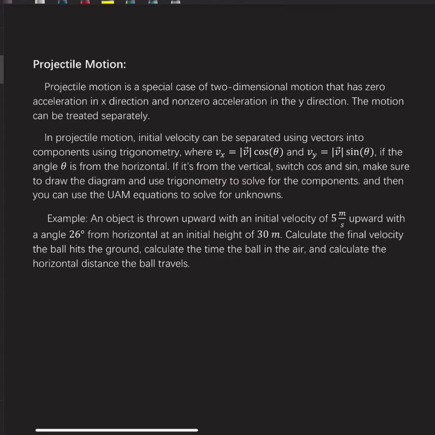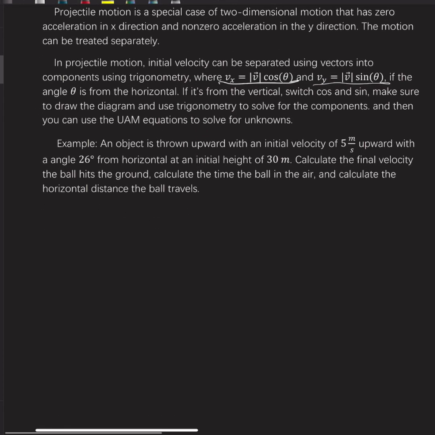If theta is the angle from horizontal, then velocity in the x direction is velocity times cosine theta, and velocity in the y direction is velocity times sine theta. If theta is from vertical, then we swap sine and cosine. Make sure to draw a diagram of the vectors and break them into components using trigonometry, and use the UAM equations to solve for the unknowns.